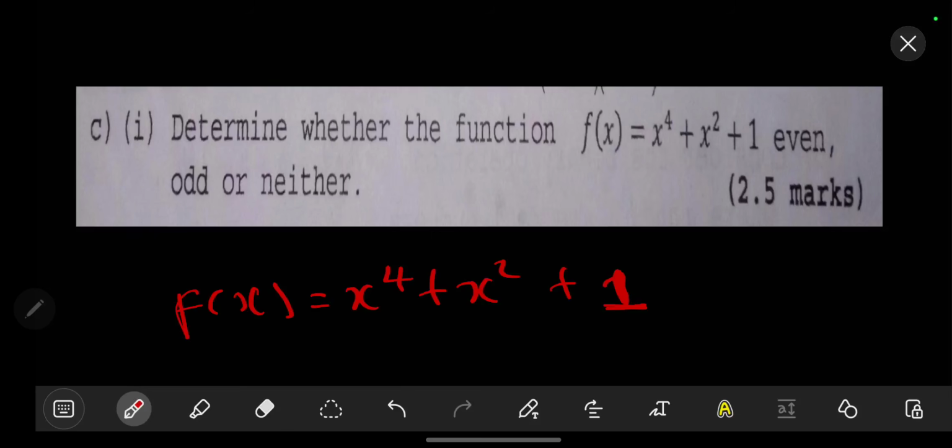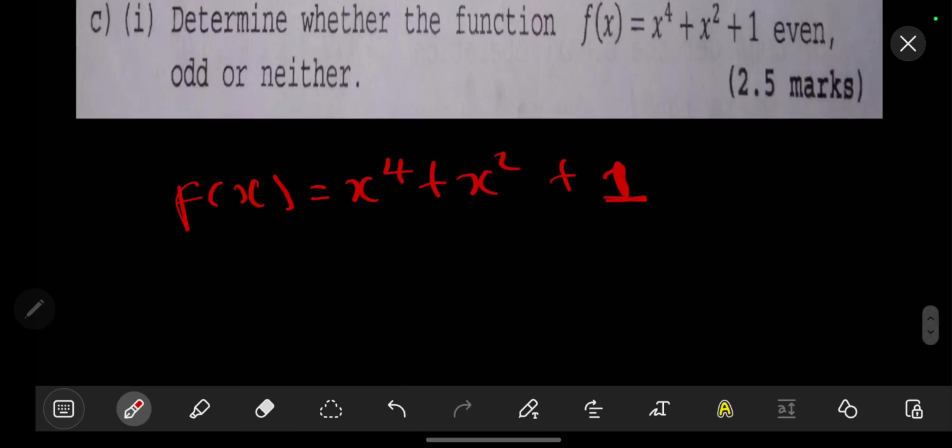An even function will have even powers, and we can even have a constant number like that. So if the powers are even, 4, 6, 8, 10, 12, then it is even, provided that we don't have any odd power on x. Then we could have a pure number like that.